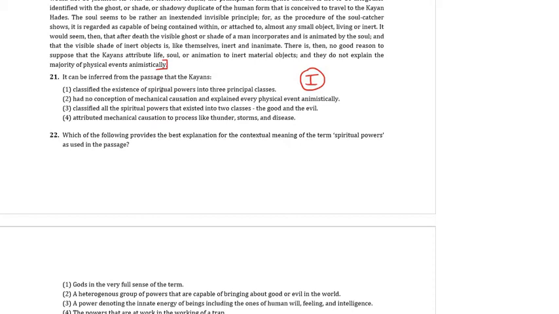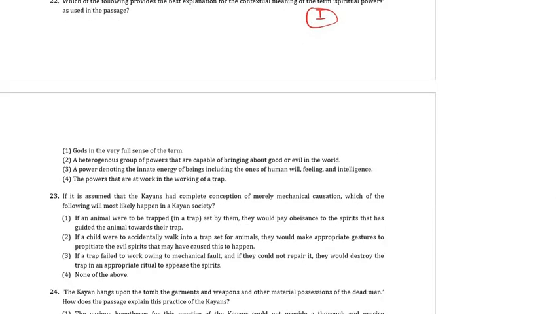Similarly, the next question asks which of the following provides the best explanation for the contextual meaning of the term spiritual powers. Here we are not looking at the literal meaning of the words spiritual powers. We are looking at it in the context of the passage, so again you need to have read the passage in its entirety. It's purely inferential.